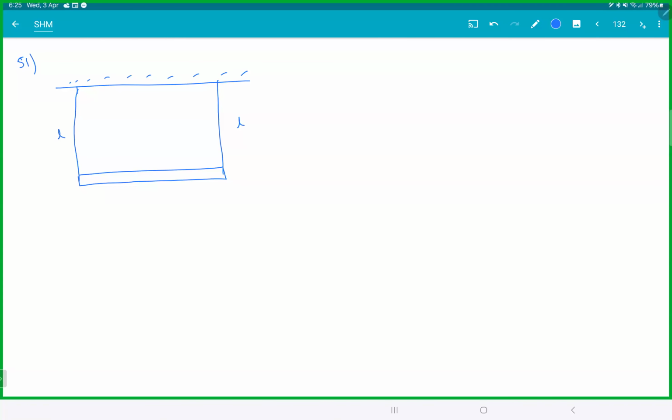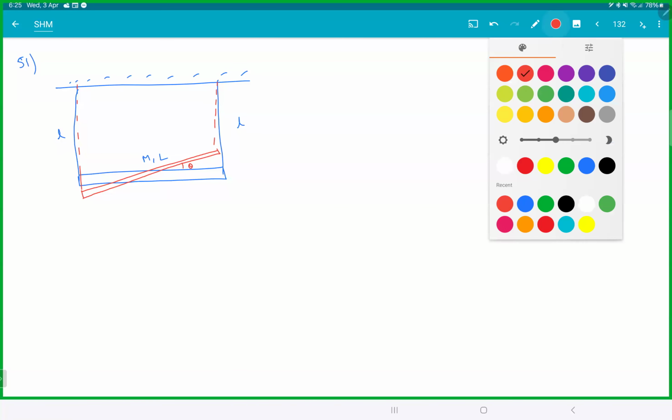We have a rod here connected by two strings, mass M and length L. Someone twisted the rod slightly out of the plane, meaning the rod is twisted by theta and released.